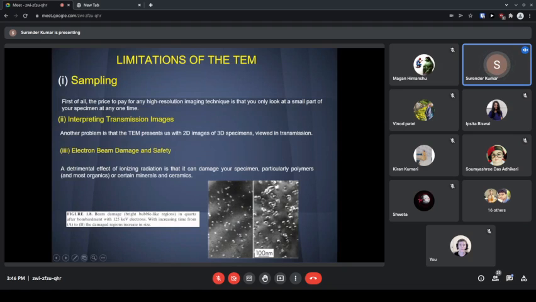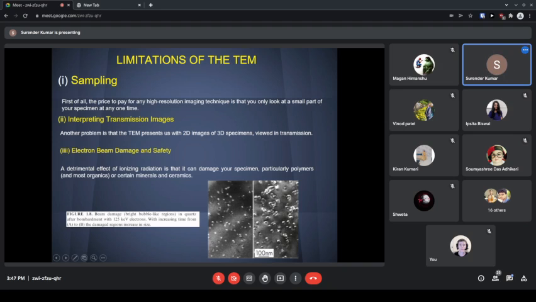So if you see in this slide, these are the same sample, and this shows beam damage. You can see on the left side how the particles look. Okay, and then on the other side you can see what happens when you put the beam on your sample for a longer time.